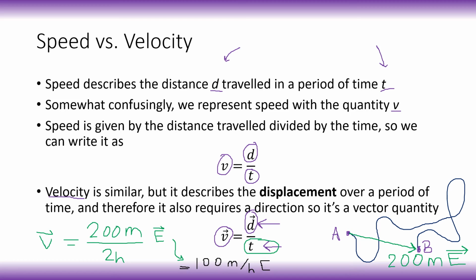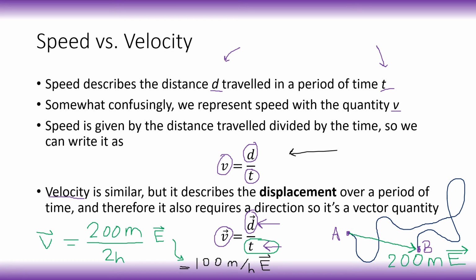And so that would be your velocity. So that's kind of how this works. It's similar to the way speed works, but it also has that weird start point, end point thing that displacement has attached to it. So the math that you do works out exactly the same way that your speed would.